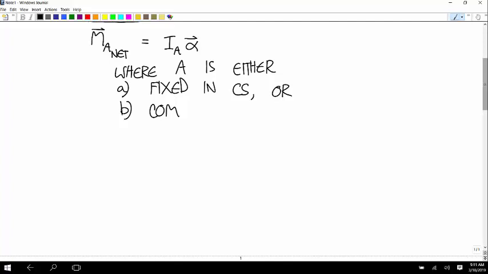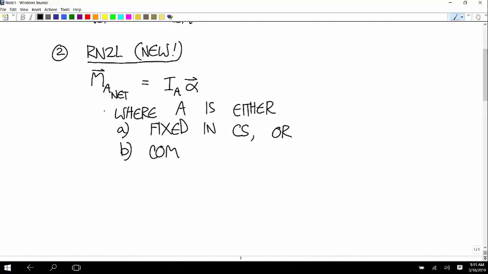So for this new rotational Newton's second law, we have to define the mass moment of inertia and the moment. The mass moment of inertia, I gave the definition of that. It's bigger if the mass is spread out farther. It's smaller if the mass is tight around the center of rotation.